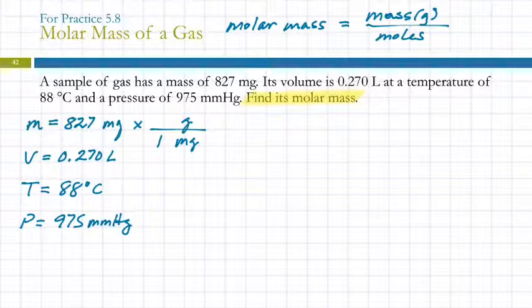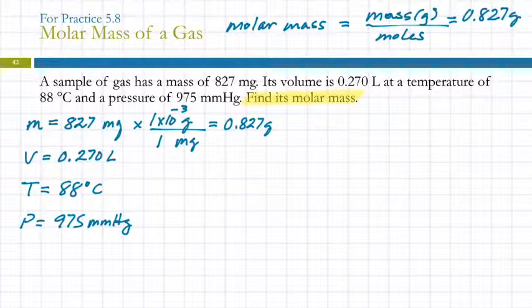So I've got 1 milligram on the bottom, and I have 1 times 10 to the minus 3 on top. So this is equal to 0.827 grams.